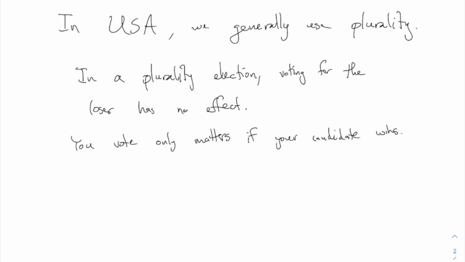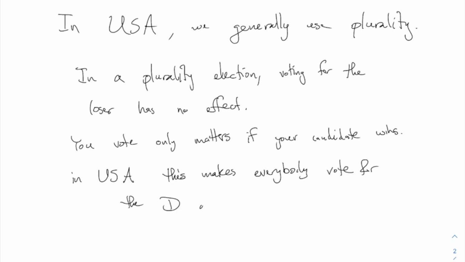The effect is, in the United States, I will say this makes everybody, or almost everybody, vote for the D or the R, the Democrat or the Republican, all right? When there's a presidential election, basically everybody is voting for the Trump or the Biden.